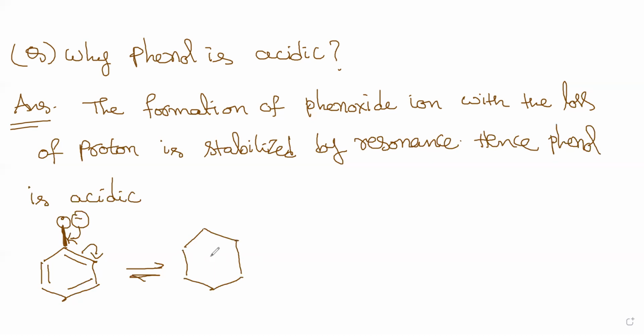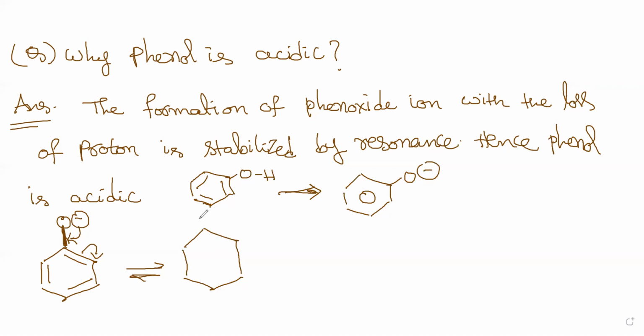How it is formed, that I have to tell you. It's very simple. See, this is the phenol. Once it loses the proton, it will form the phenoxide ion. This is a very standard question.